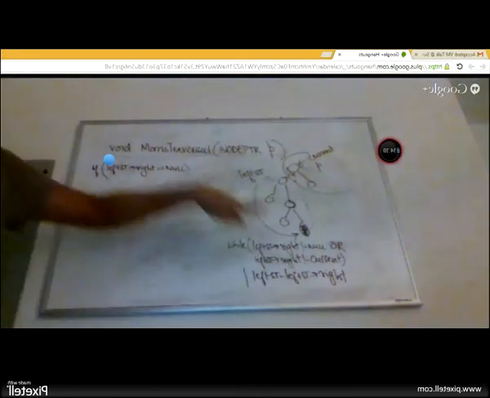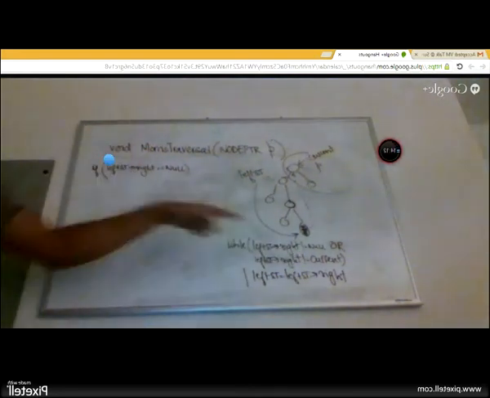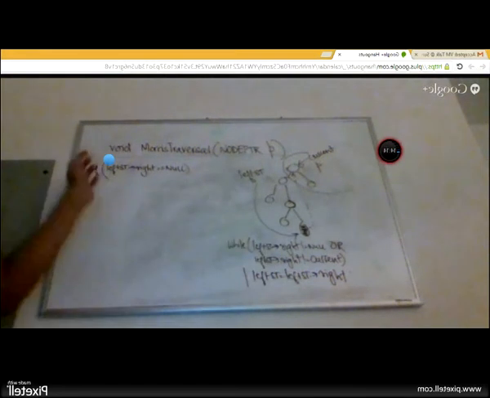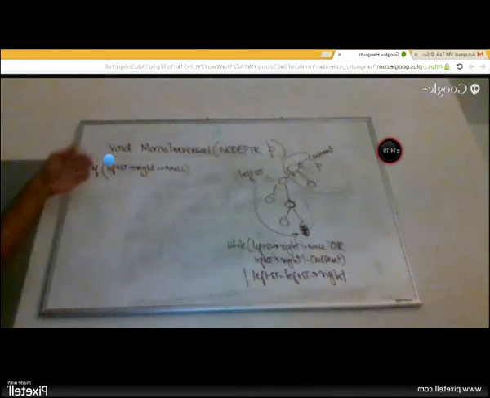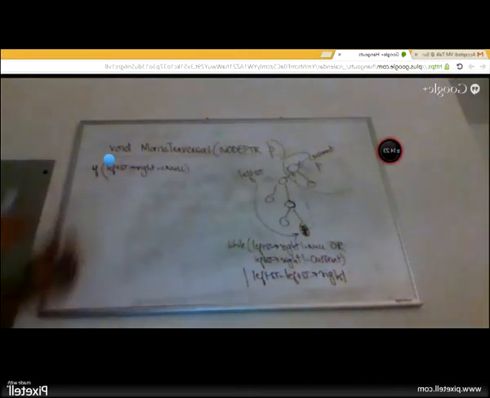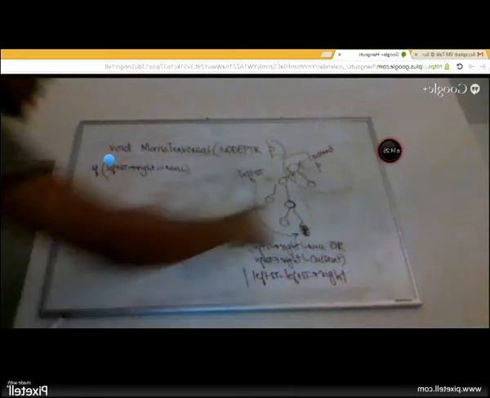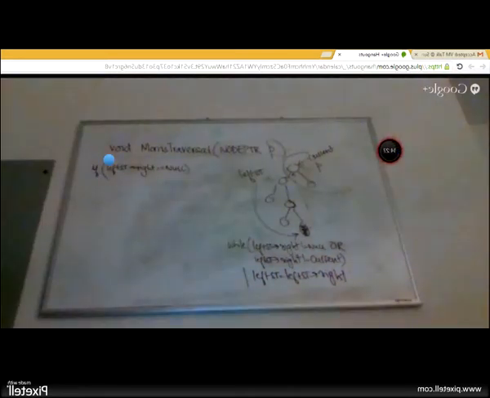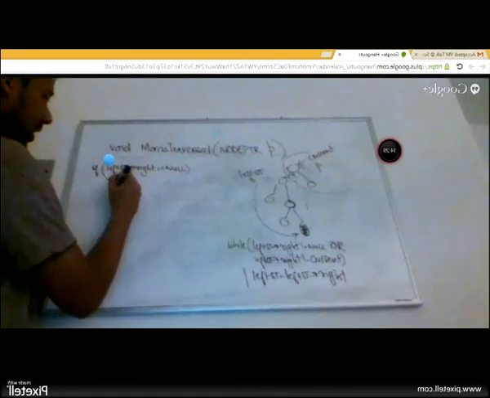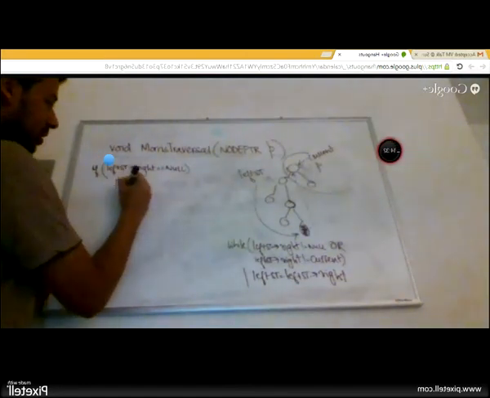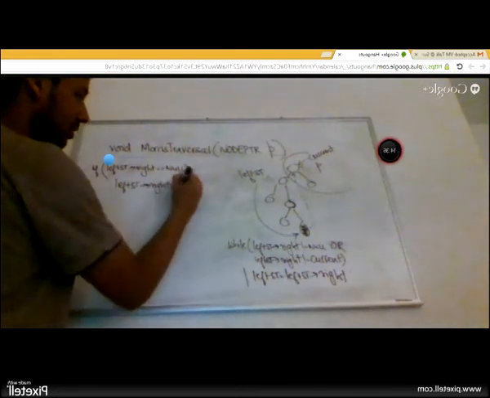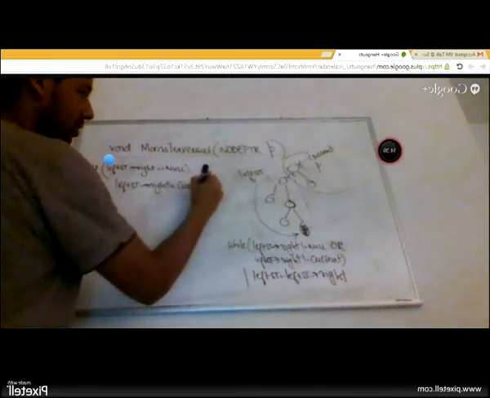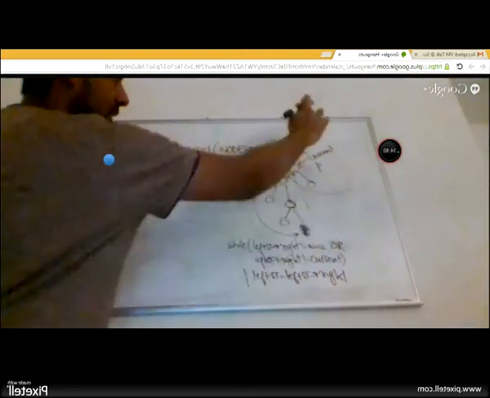So you can exit the loop if this or this is satisfied. So if you're out, you're not 100% sure if it is this or this guy which broke the loop. So if the left subtree pointing to right is null, which means this is our first visit, then I need to add this thread, right? So you say that my left subtree pointing to right is my current. I added the thread now.